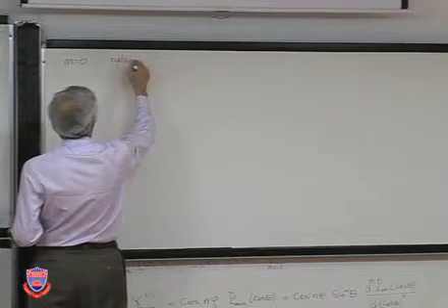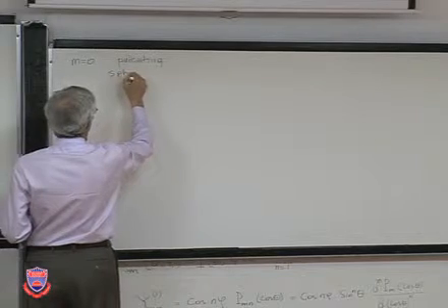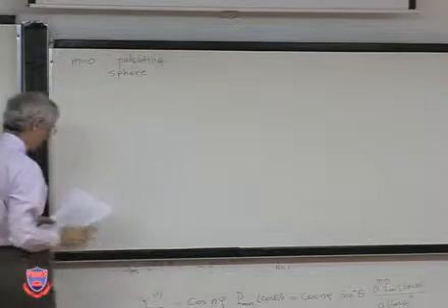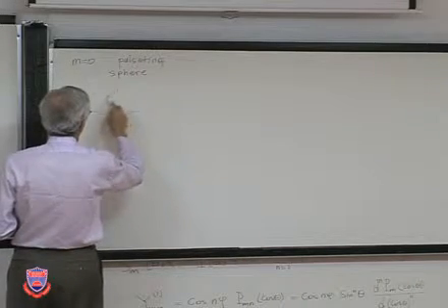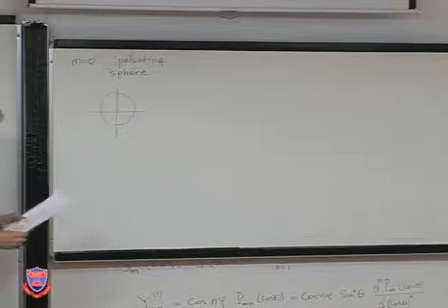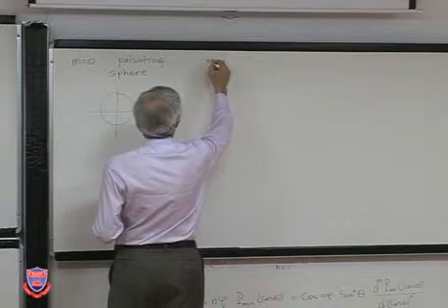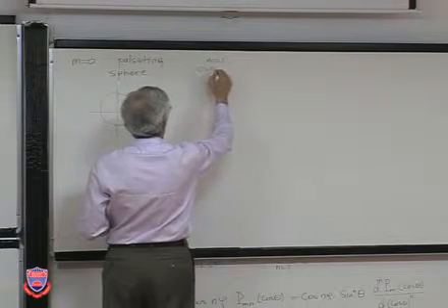A pulsating sphere. This is a very good and common example we'll use, and the directivity is symmetric. When m is equal to 1, we have an oscillating sphere.